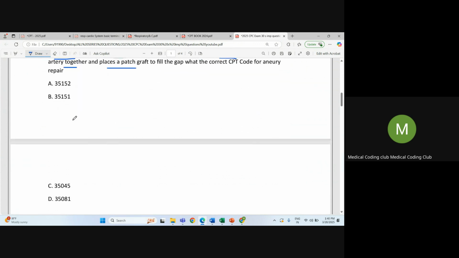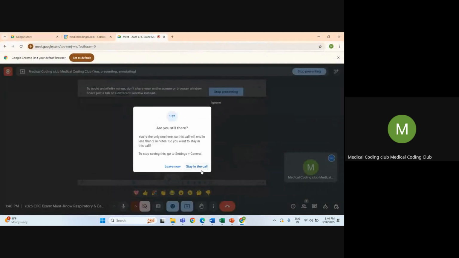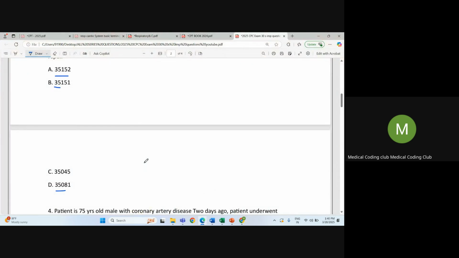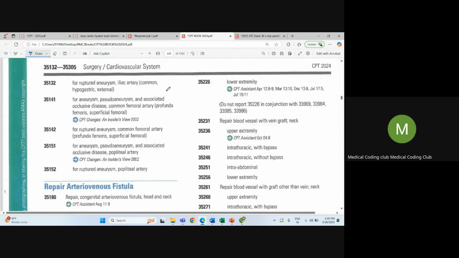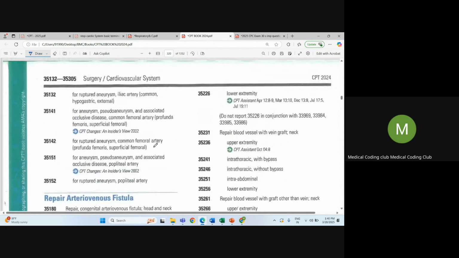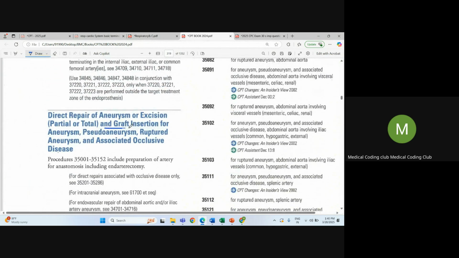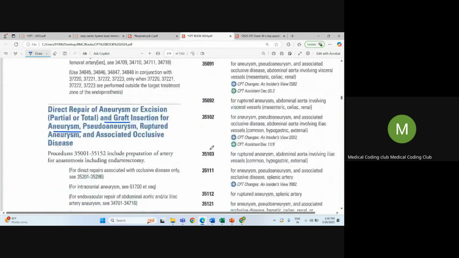And the options you can see here, we have the 3535 series. So you can see here graft insertion and aneurysm. So under aneurysm you have to navigate.